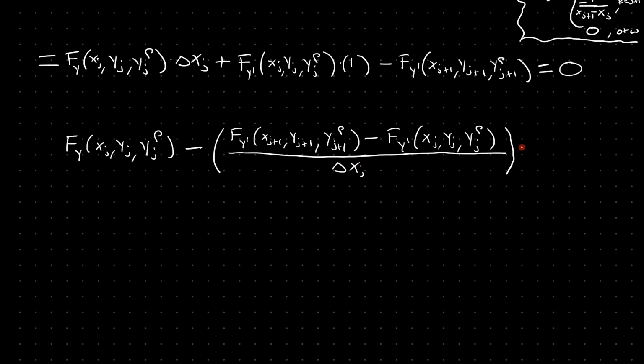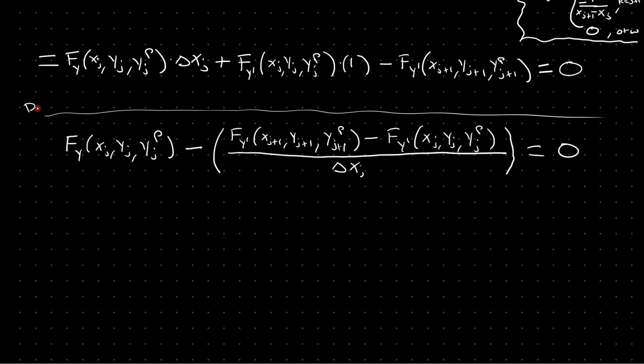This must equal 0. So this is what we get when we divide by delta xj.